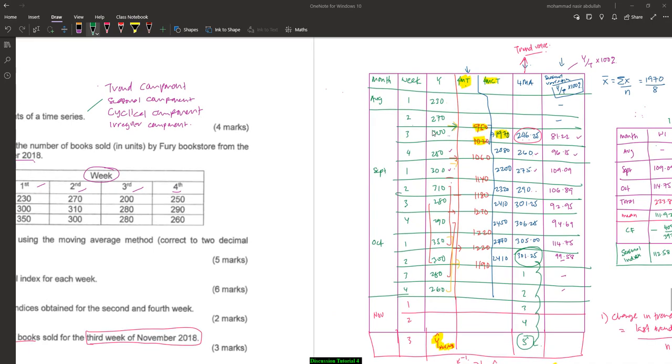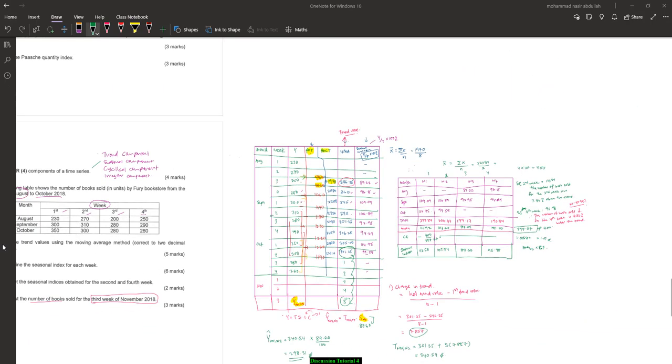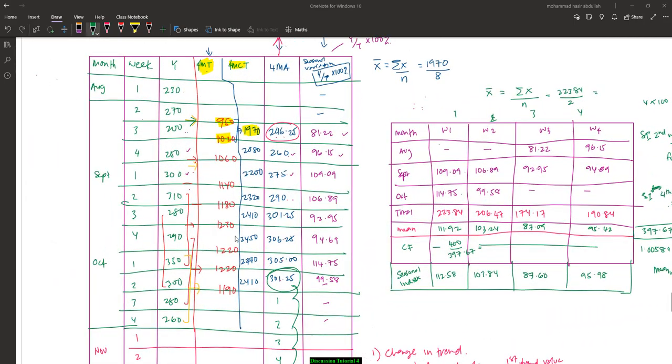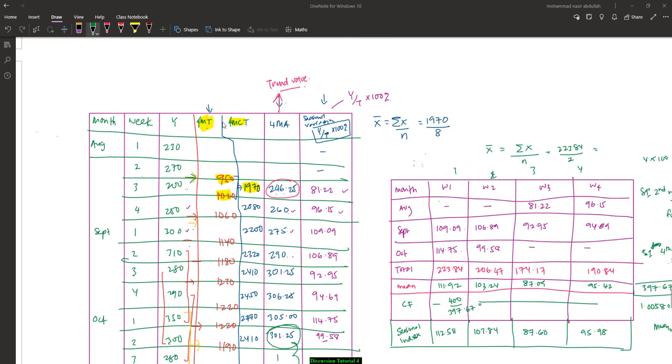Usually to find a moving average trend, there are 5 marks lah. So, 5 marks will be distributed on moving average. Dekat sini, moving total and moving average. This is 2.5 marks and this is also 2.5 marks.